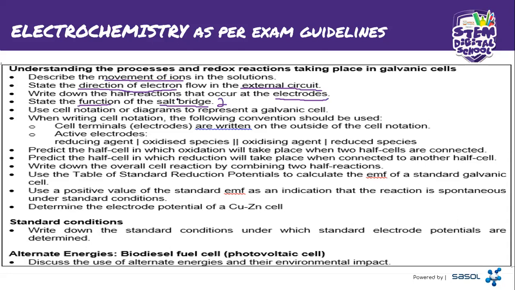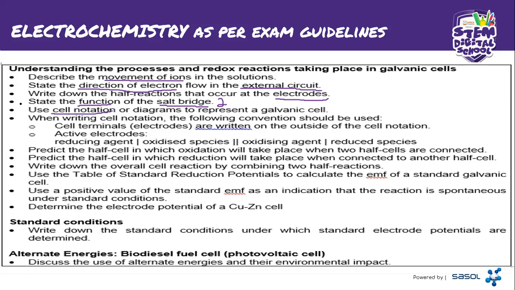So the aim here of the salt bridge is to make sure that in each half cell, the solutions, the aqueous solutions, are electrically neutral altogether, which is your ionic neutrality, so that the galvanic cell can continue to operate, to work.